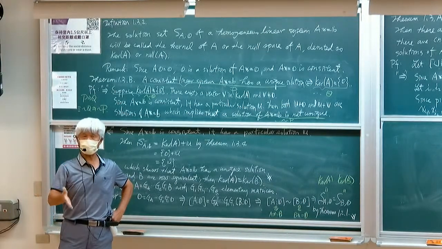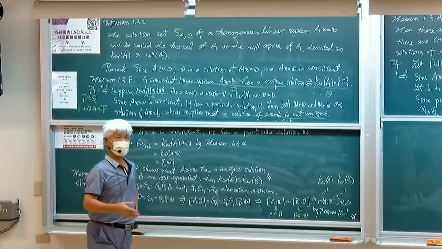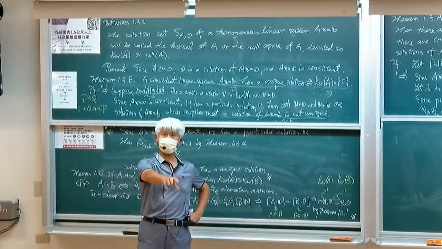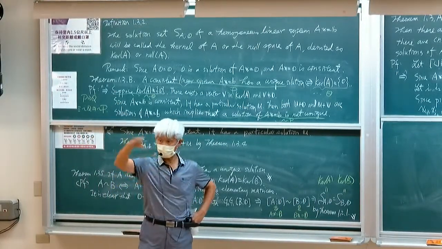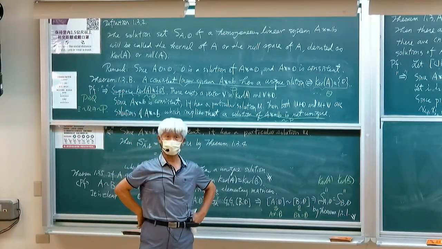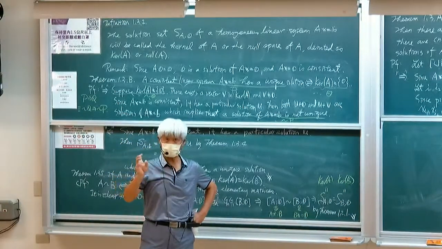In principle it's possible that if different students work on the same matrix, they will end up with different matrices in reduced row echelon form.